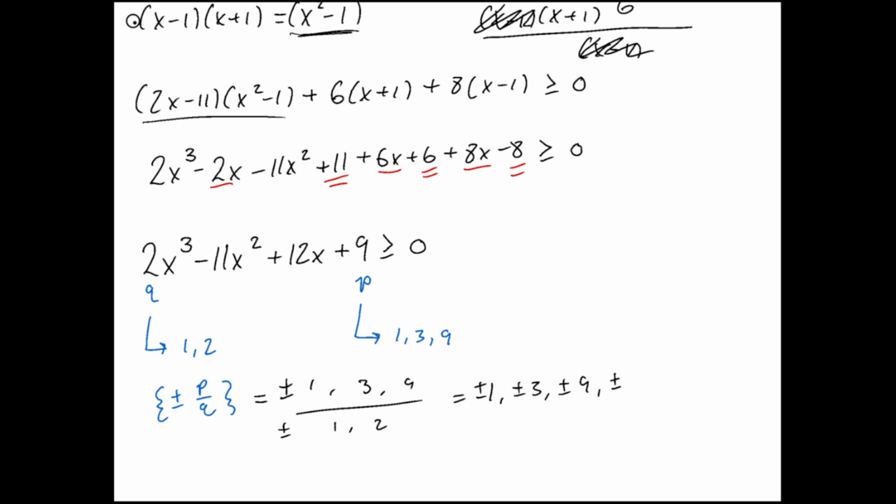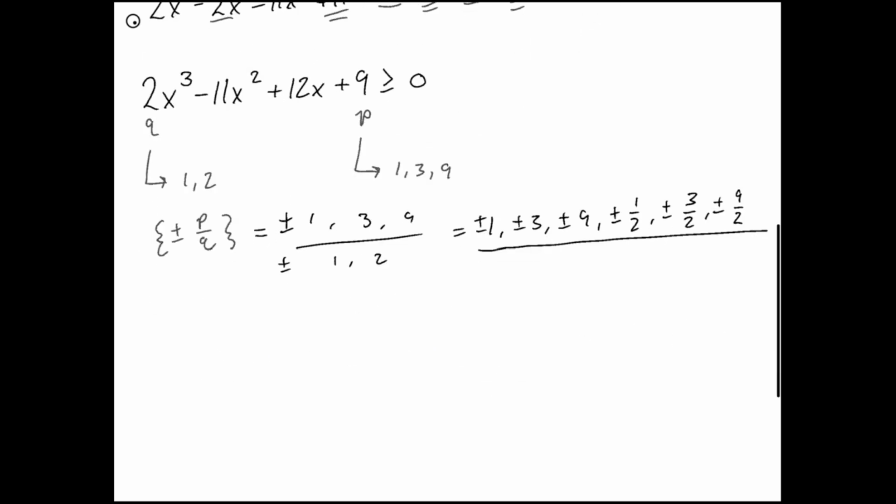Then we're going to get 1 half, 3 halves, and 9 halves. And so this is our list of potential zeros for this function. And so if I was actually going to go through and solve this, I would need to start testing a lot of these. I am not going to make you sit through me solving every single one of these possible zeros.